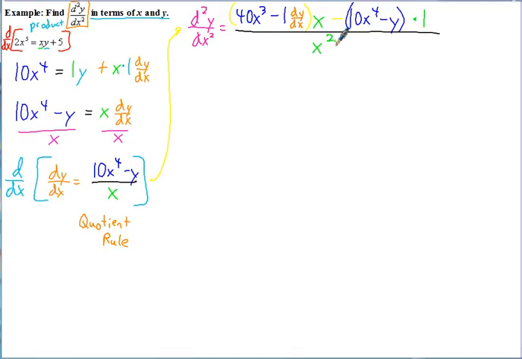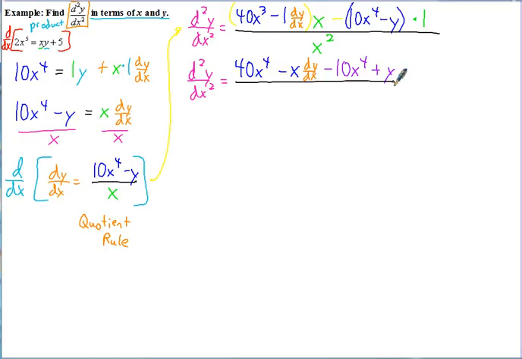And then we can start to simplify this. So here you can distribute out the x, so that would make it 40x to the fourth minus x times dy dx. And here if you just distribute out the negative one, that would be negative 10x to the fourth and positive y over x squared.